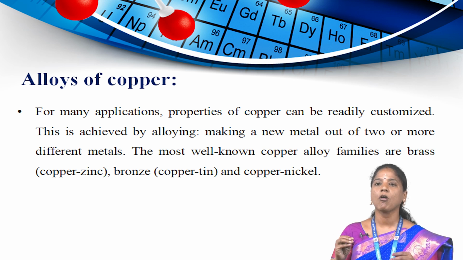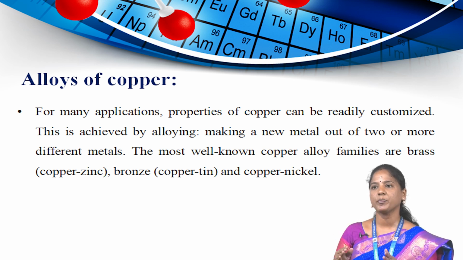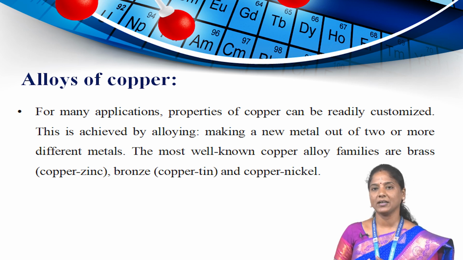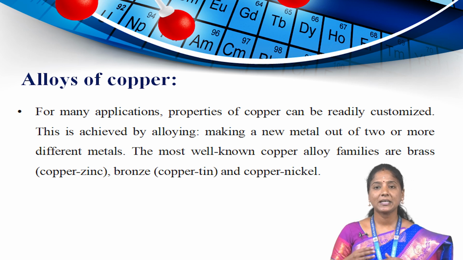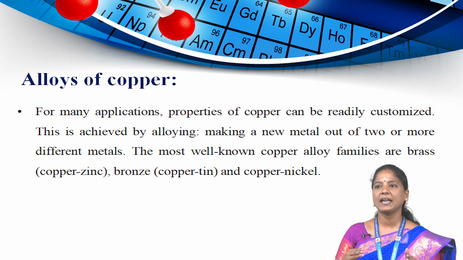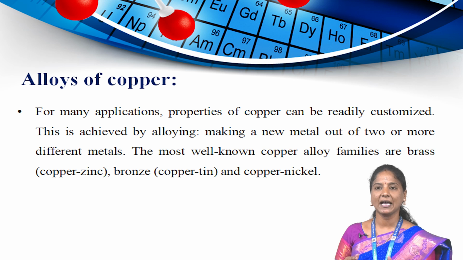The most well-known copper alloys are brass or bronze. Brass is copper and zinc, bronze is copper and tin, and there is also copper nickel. These actually represent families of alloys, all made by varying the amount of specific alloying elements.